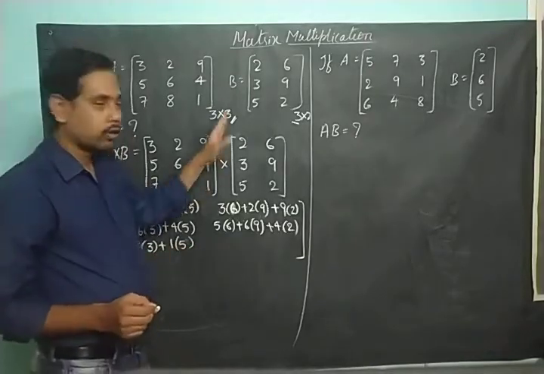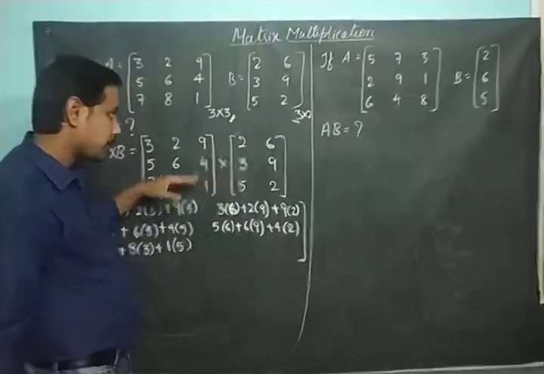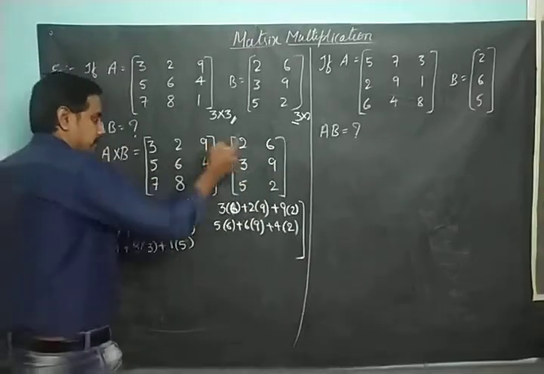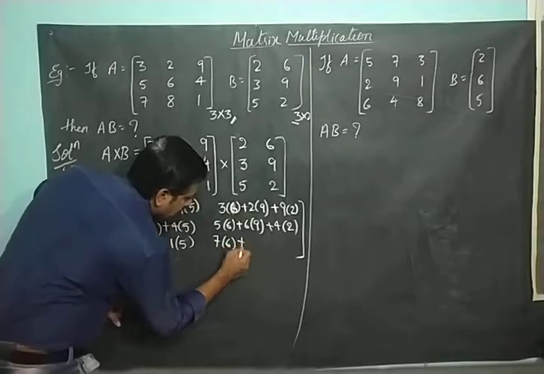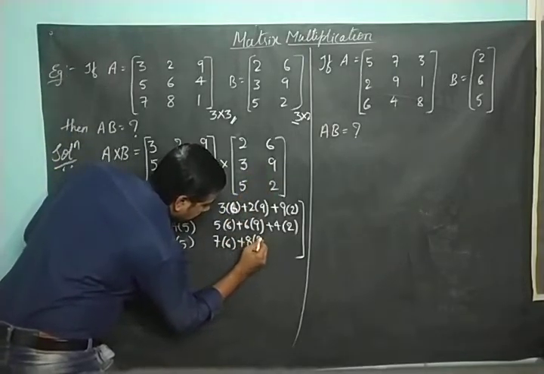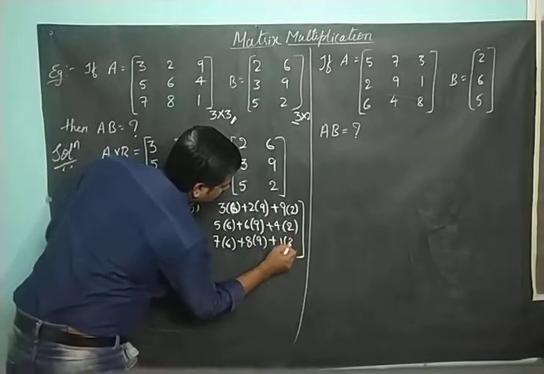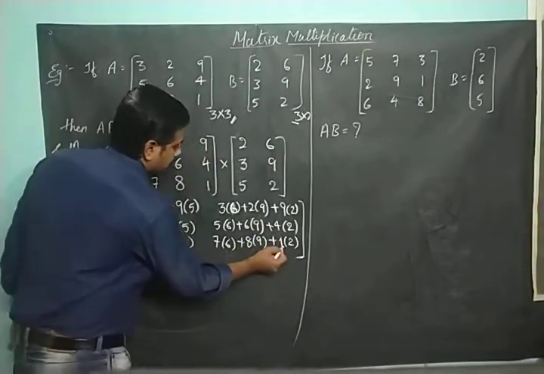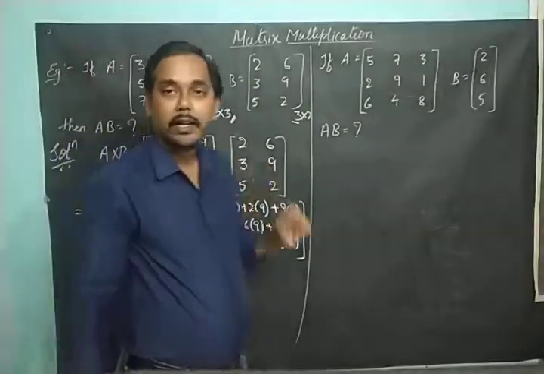Now let us multiply the third row with the second column and check the values: 7 into 6, plus 8 into 9, plus 1 into 2. Now we have multiplied every row with every column.